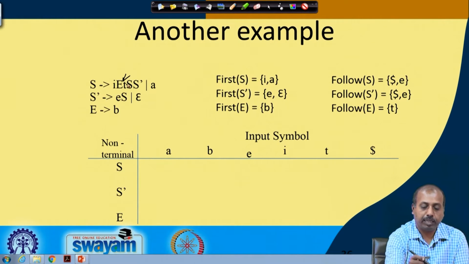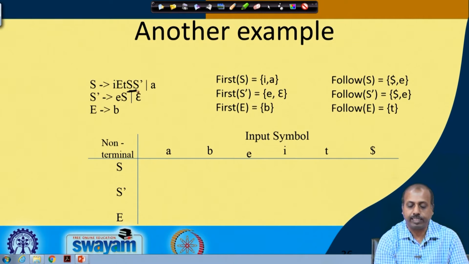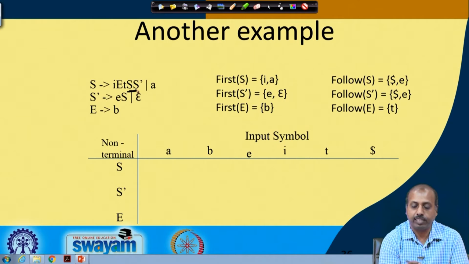Now, we can look into this part: S S dash. S S dash means whatever is in first of S dash can be in the follow of S. First of S dash has got E and epsilon. Epsilon we cannot take, but E we can take.